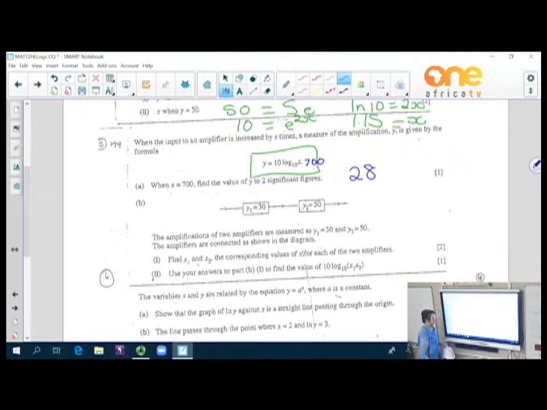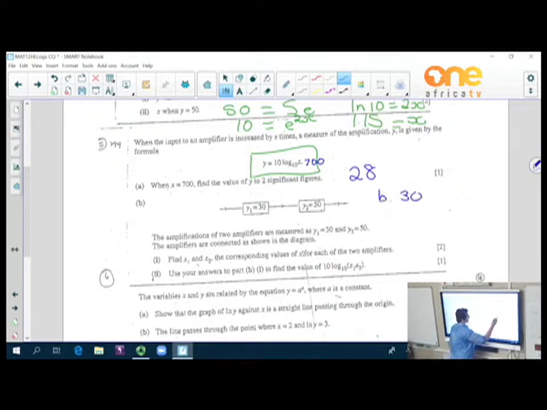Then number B, now the one has an input of 30 and the other one an input of 50. The amplifiers are connected. Find x1 and x2, the corresponding values. So now we're just going to equate it to 30. Now let me just show you there at number B.